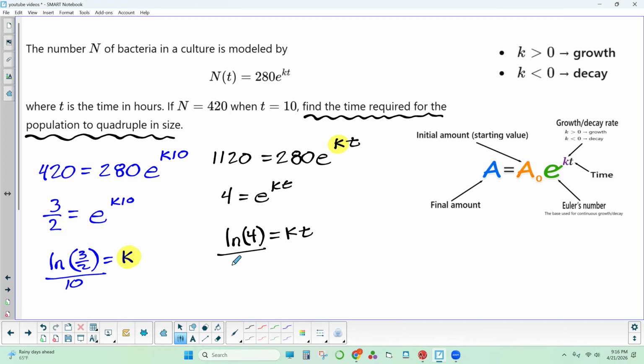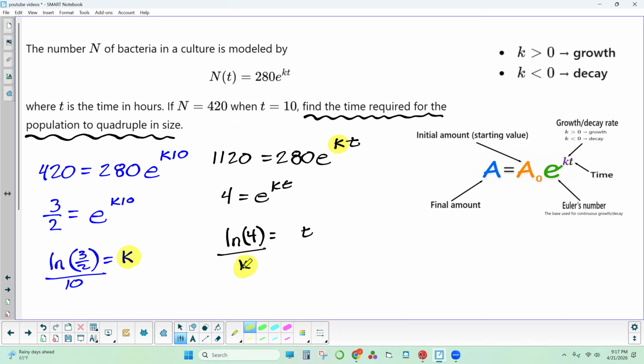To solve for the time required for this population to quadruple, I will divide both sides by k, and I get that right there. Now, I am going to plug this in for k because we solved for k.